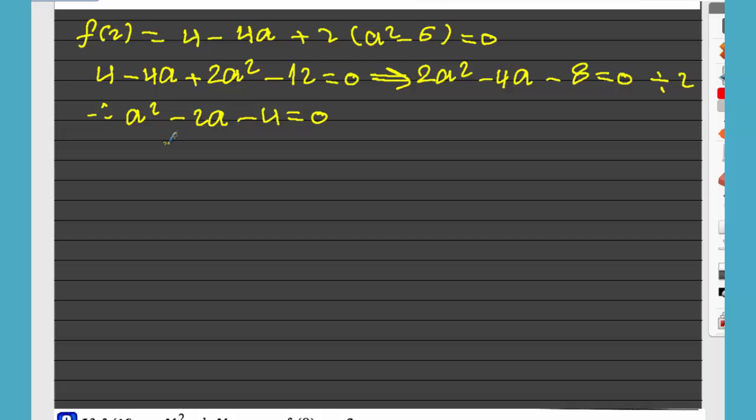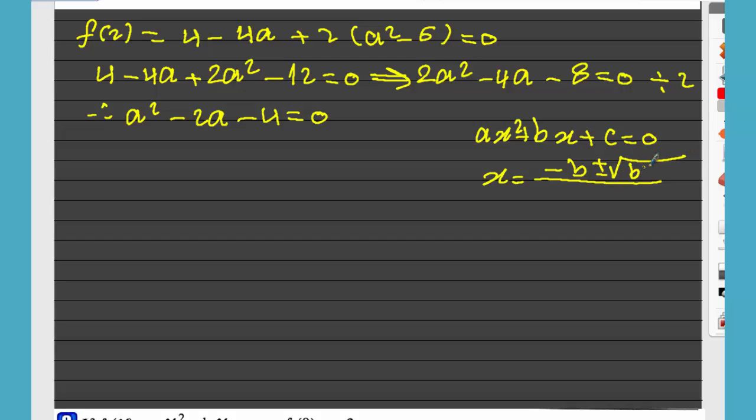If we have the equation ax squared plus bx plus c equals 0, then x equals negative b, positive or negative square root of b squared minus 4ac, over 2a.